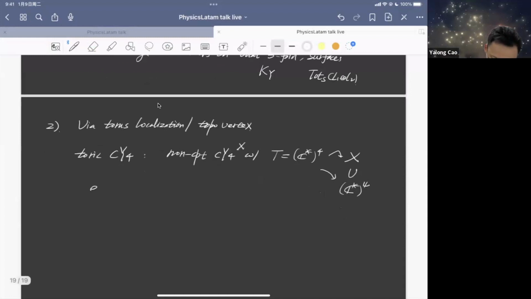The key examples we have in mind are X equals C4, the simplest one, or the total space of O_P1(-1) plus O(-2), which is also a toric Calabi-Yau fourfold. You can also consider the total space of the canonical bundle of P3, which is O(-4) over P3.